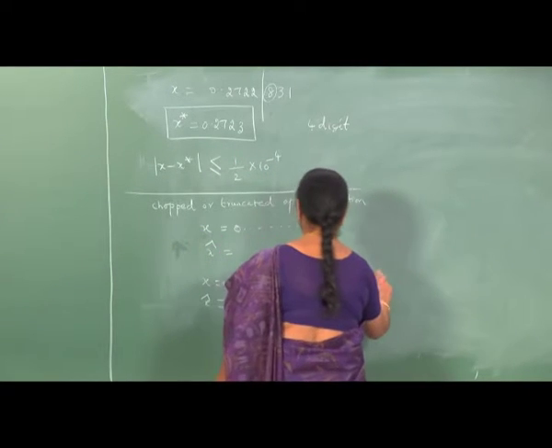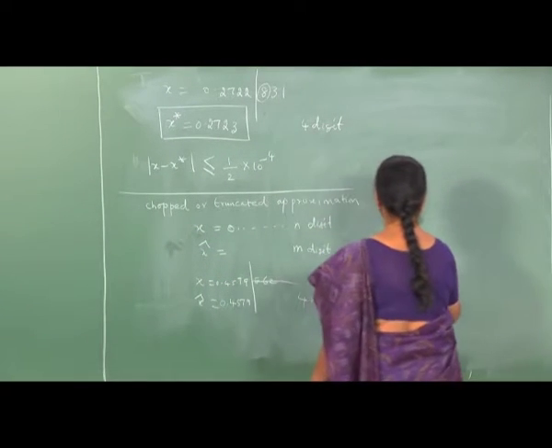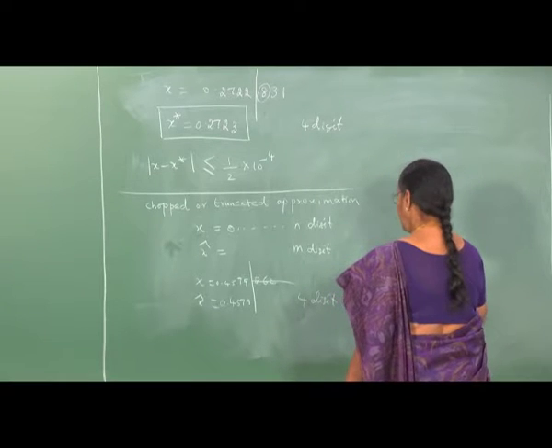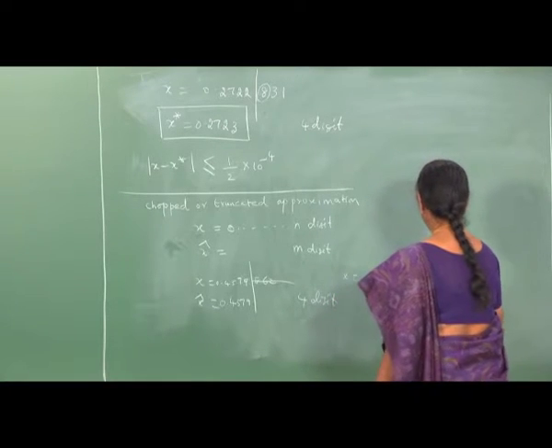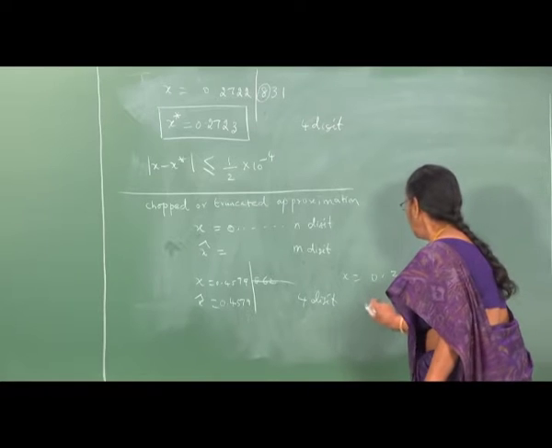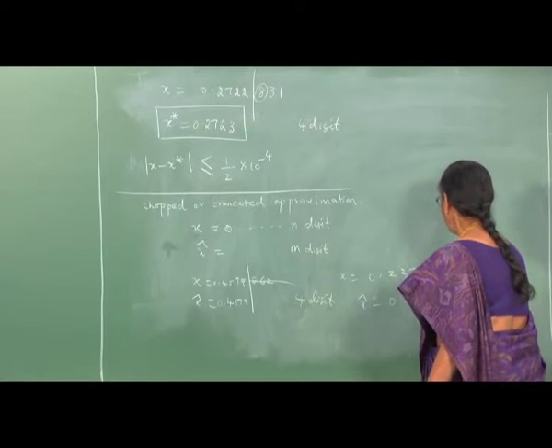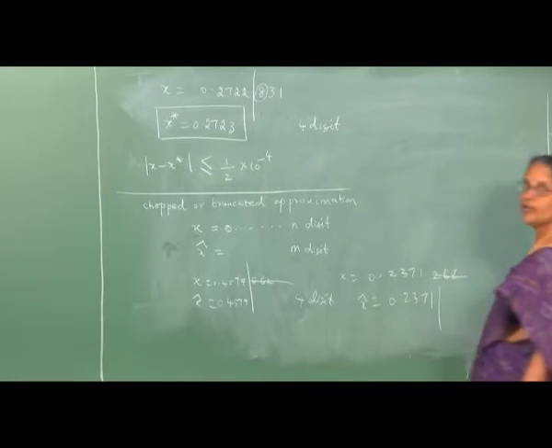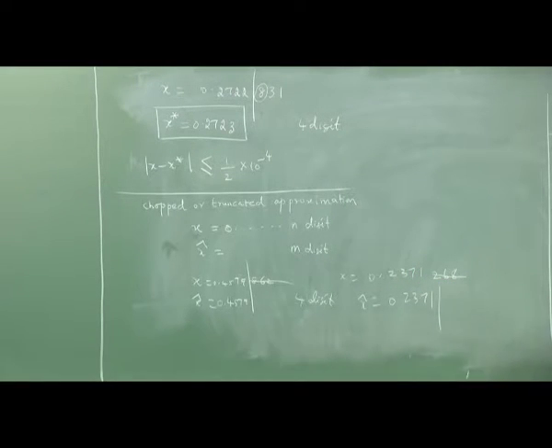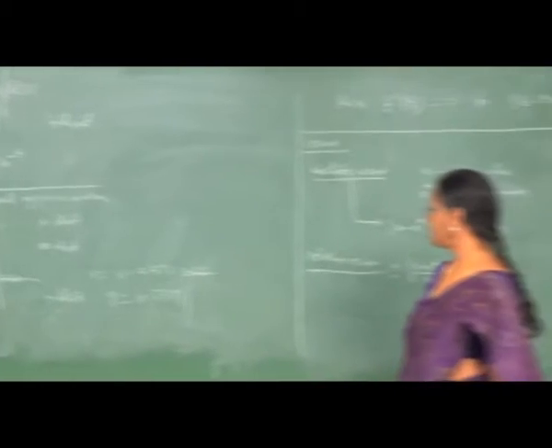If x were 0.237126 and I require a 4 digit approximation, it is 0.2371. I do not worry about what happens beyond the 4 digits.